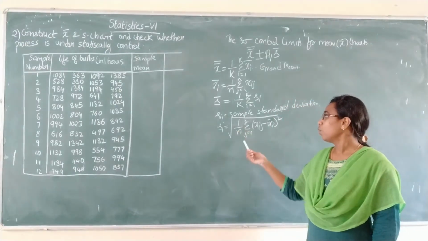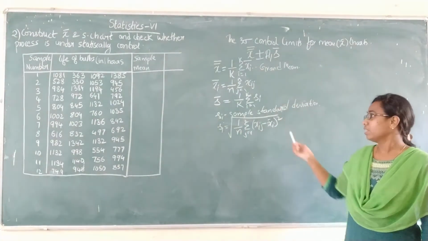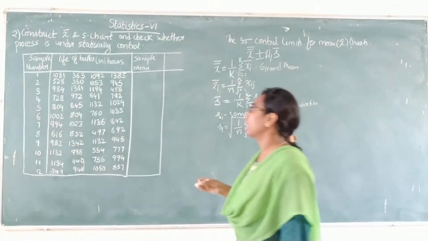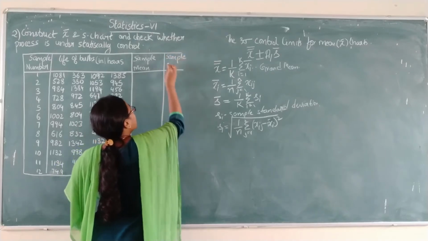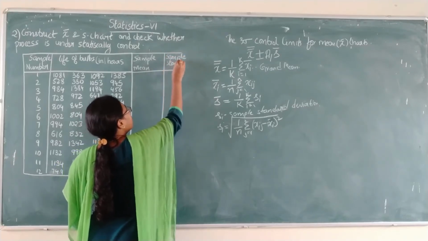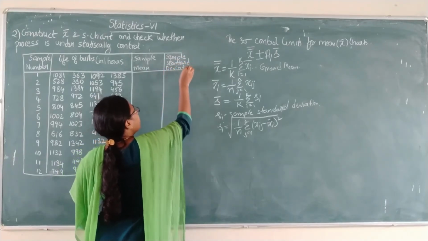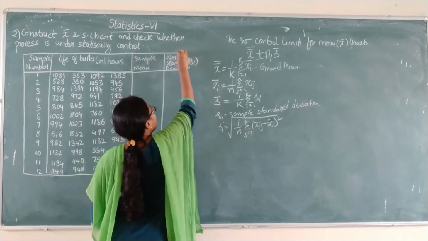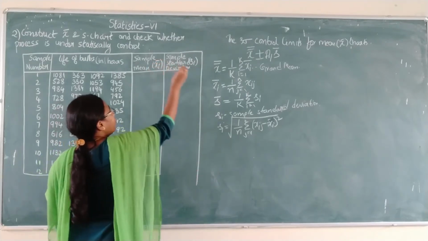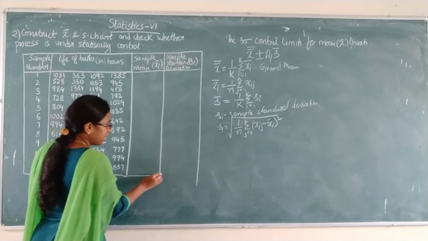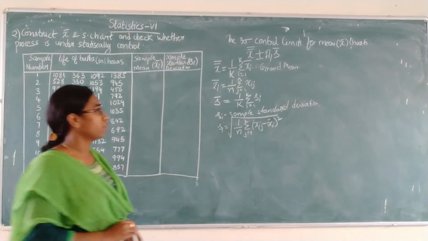For each sample you have to calculate the standard deviation, so you have to find the sample standard deviation. The sample standard deviation is denoted with Si, and the sample mean is denoted with Xi bar. So write down the notations, and next find out the sample mean and sample standard deviation values.